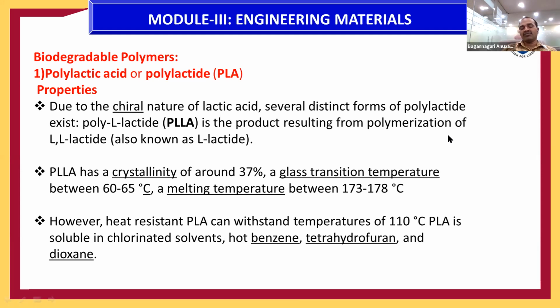However, the heat resistance of polylactic acid can withstand a temperature of 110 degrees centigrade. PLA is soluble in chlorinated solvents, hot benzene, tetrahydrofuran, and dioxane. So this is a chiral compound having distinct properties.